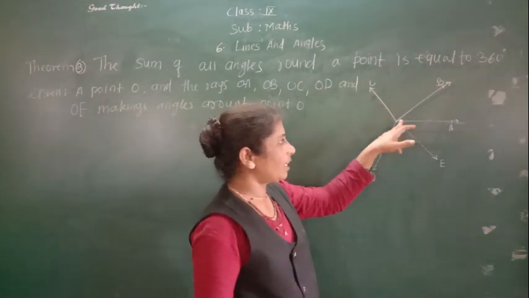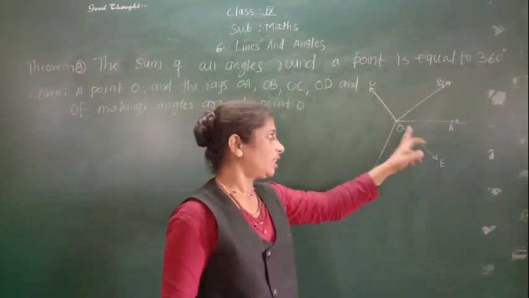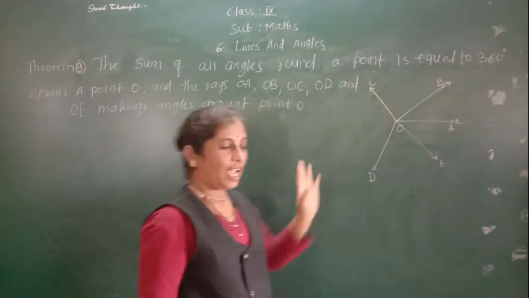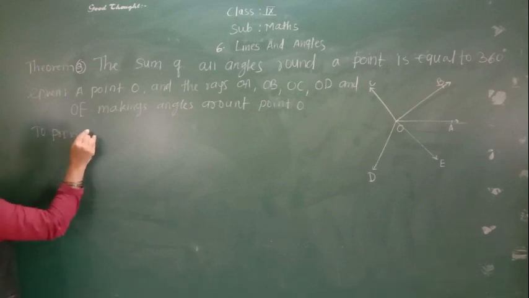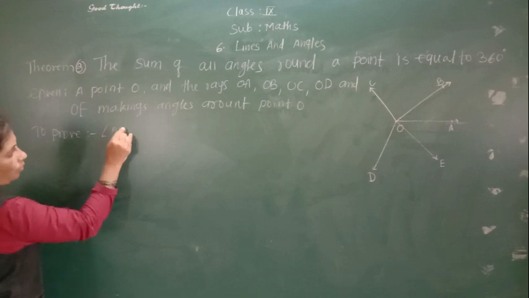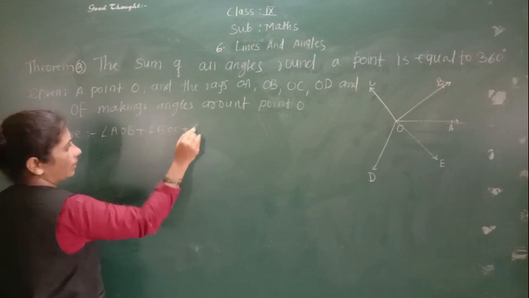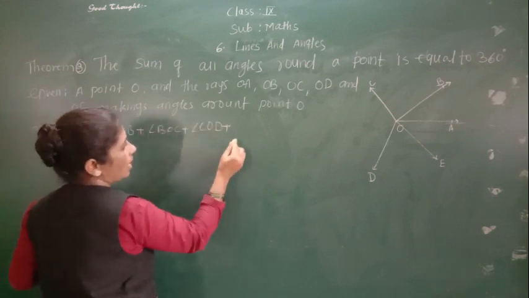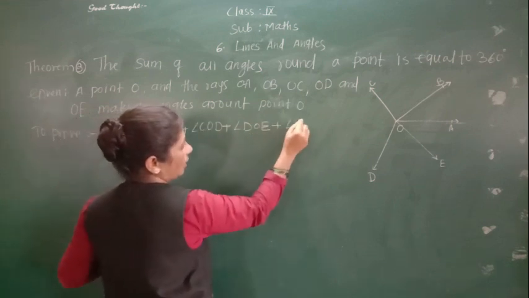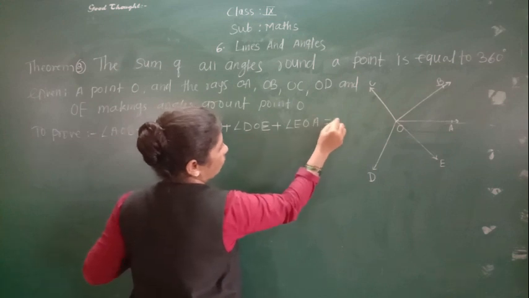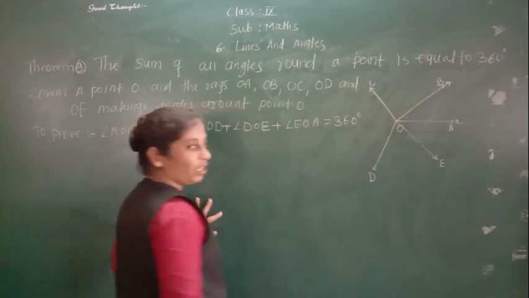The angles around point O are AOB, BOC, COD, DOE and EOA. To prove: angle AOB plus angle BOC plus angle COD plus angle DOE plus angle EOA is equal to 360 degrees. You have to show the sum of all these angles equals 360 degrees.